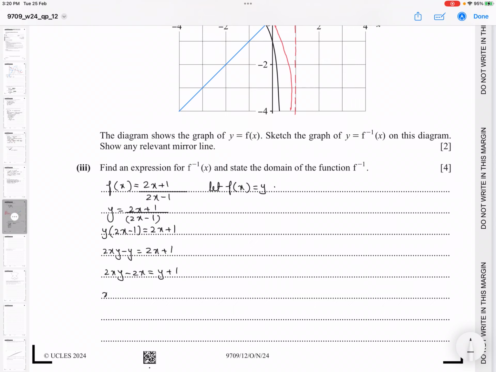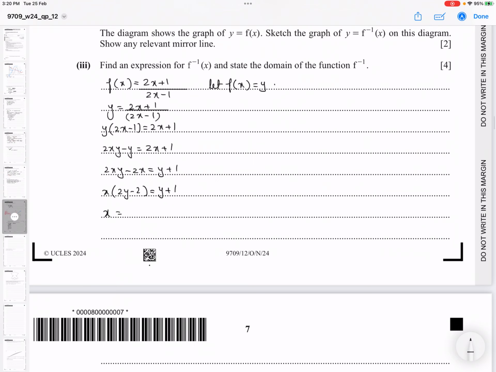Take x common. So it becomes x times (2y minus 2) equals y plus 1. So isolate x. It gives you x equals (y plus 1) over (2y minus 2).